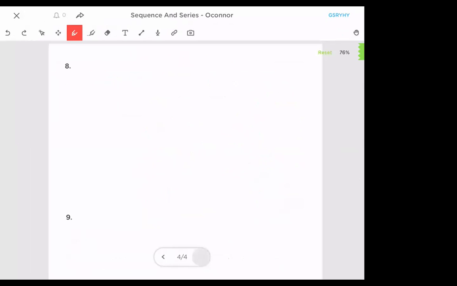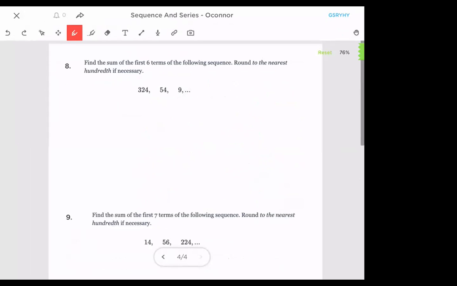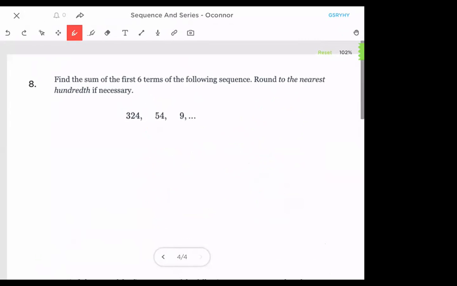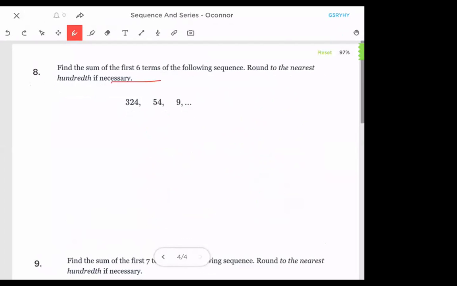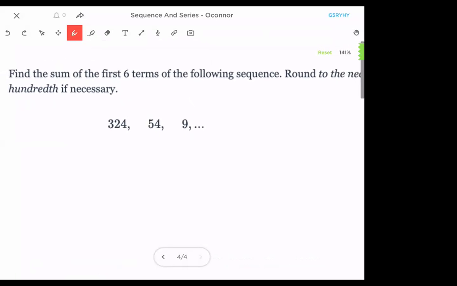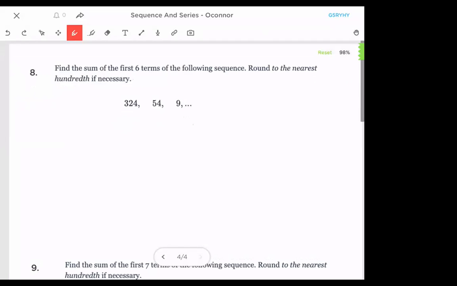All right, let's go to the next page then. For this next page, we're going to try and find the sum of the first 6 terms. Well, first, because it says sum, I know it's a series. And I have to first figure out, is it arithmetic or geometric? Well, I'm looking at this, and I do know that 9 times 6 is 54, meaning 54 divided by 6, or times 1/6, is 9.